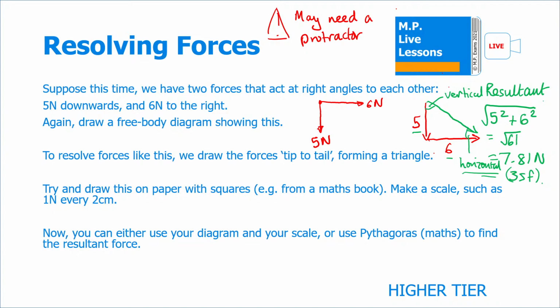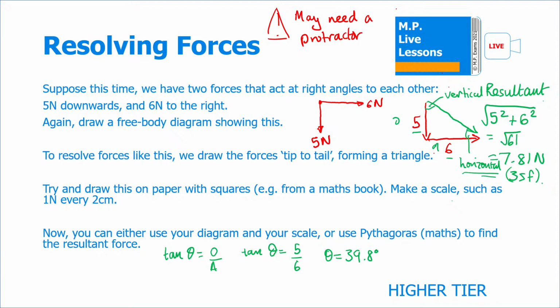To do that, we have our opposite and our adjacent. And our angle is 39.8 degrees.